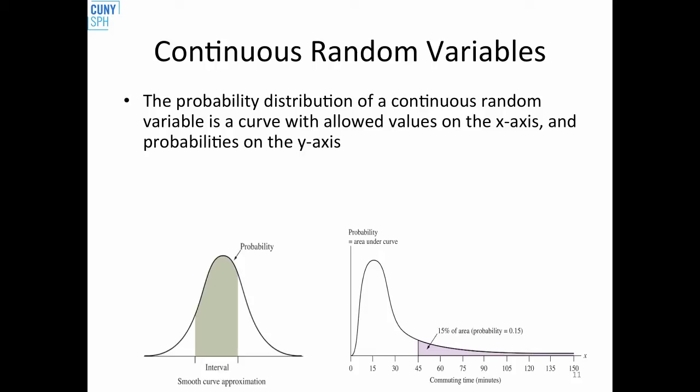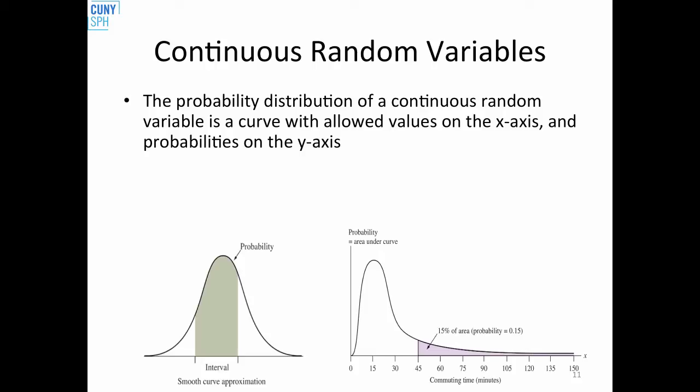So the first thing to know about continuous random variables is that any finite interval within the bounds of that probability distribution will have a positive probability. And that probability, if you are looking at a probability density plot like this, is the area under this curve.